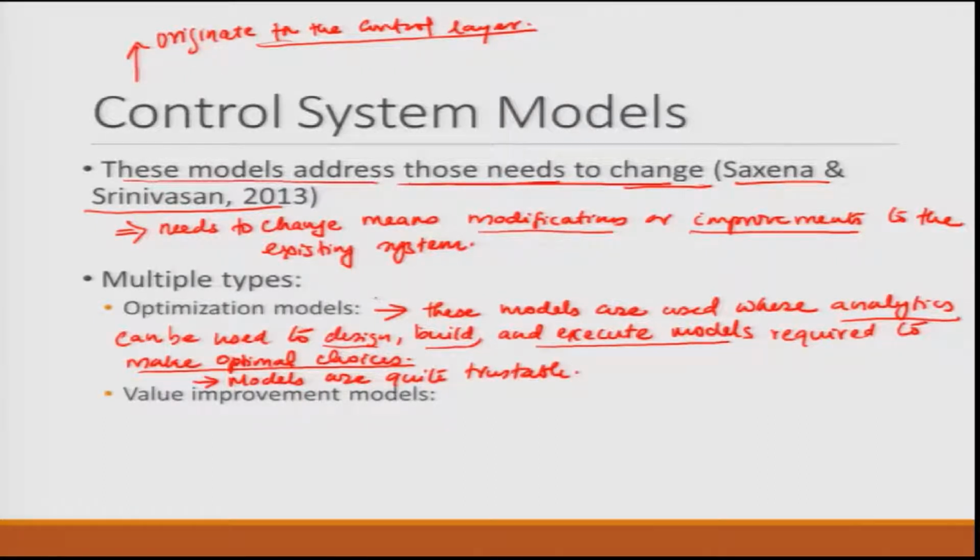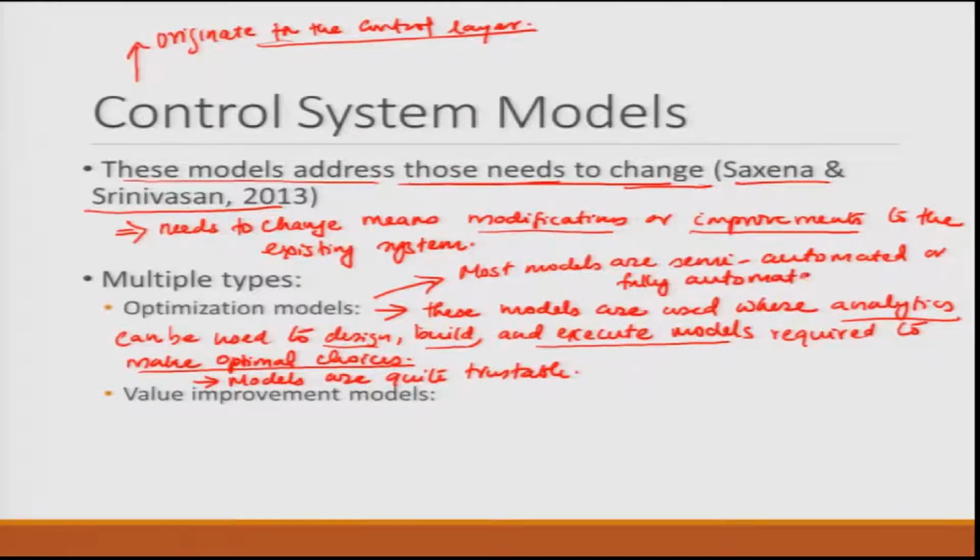Another aspect of these models is that most models are semi-automated or fully automated. Optimization models are heavily used in industry to optimize production, inventory, and so on.